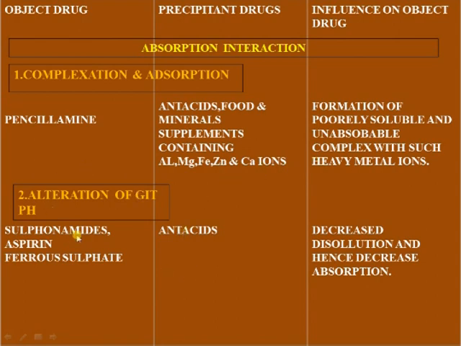A few drugs can alter GIT pH. GIT pH is very specific. What happens in the stomach is acidic, what is down below is mostly basic. Now we already have seen the effect of pH on the drugs. They give rise to either unionized molecules, that is drugs with no charge on them.